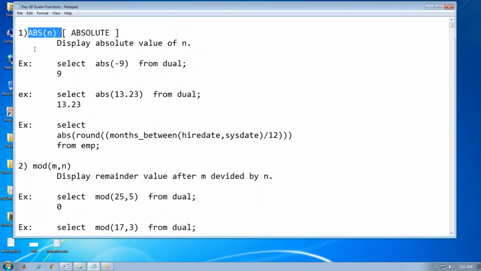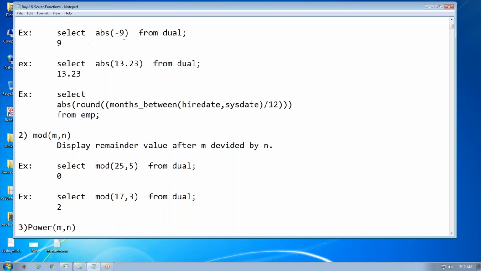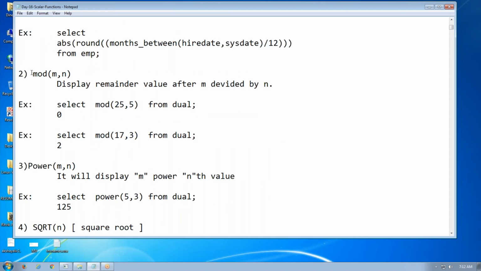ABS. If you have a negative value and you want to convert it into a positive value, use ABS. ABS stands for absolute. Here, this is the negative value I am giving, and the positive value is printed. MOD of m comma n calculates the remainder value.